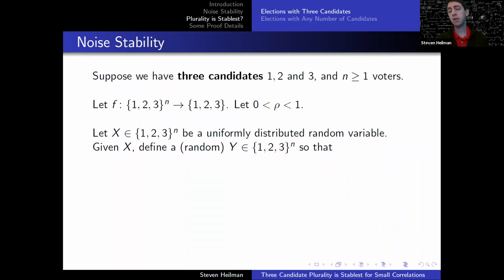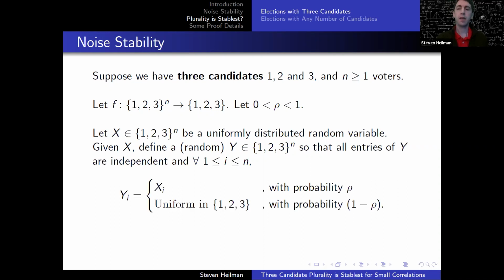Given X, we define Y so that all its entries are independent, with the same definition as before. We flip a coin with probability rho and keep the ith vote the same, so yi equals xi. With remaining probability 1 minus rho, we resample yi uniformly in {1,2,3}. So X are the original votes, and Y are the corrupted votes.